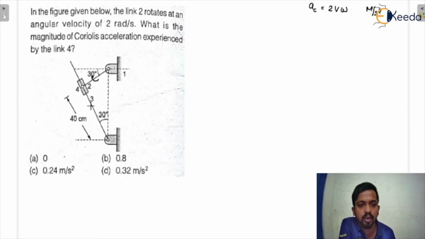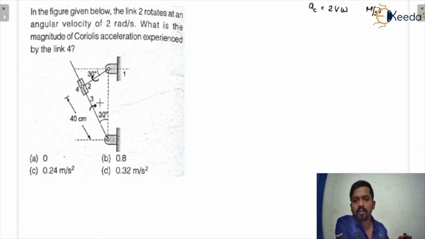This is the slider which is in sliding motion on that link, and we have to consider the omega of the link on which the sliding motion is taking place. So we have to consider the omega 3 value.